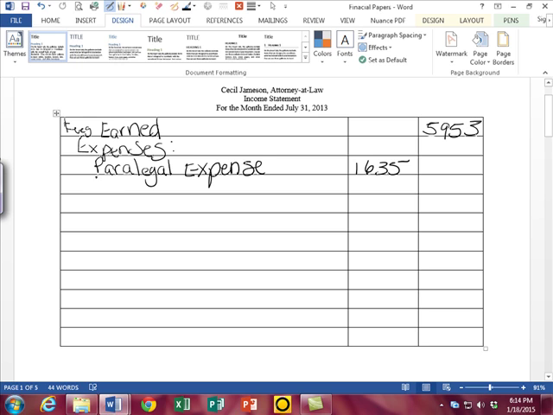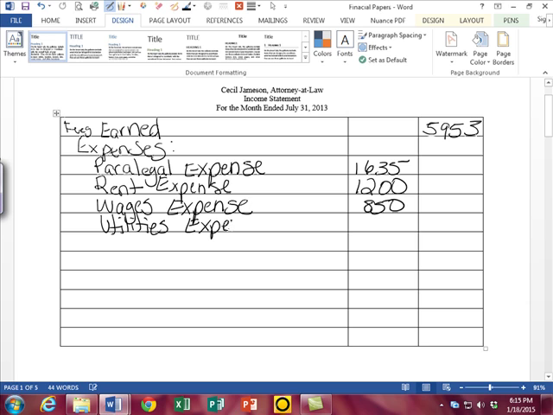The next largest expense is rent expense, $1,200. The next expense is wages expense, $850. Then we have utilities expense, $325.